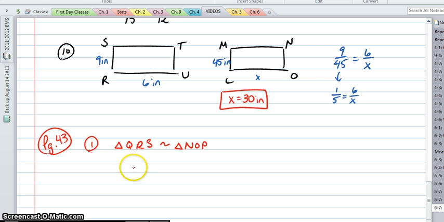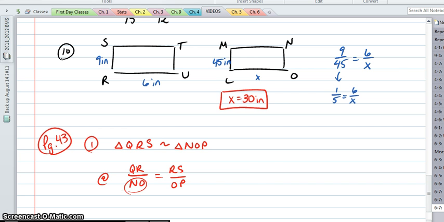So I know that QR, without even looking at the diagram, QR corresponds to NO, and that RS corresponds to OP. Now that may be helpful or may not. I might need to look at some other sides, but just organizing it that way first can really help us fill out our proportion. So in part A, find the length of NO.